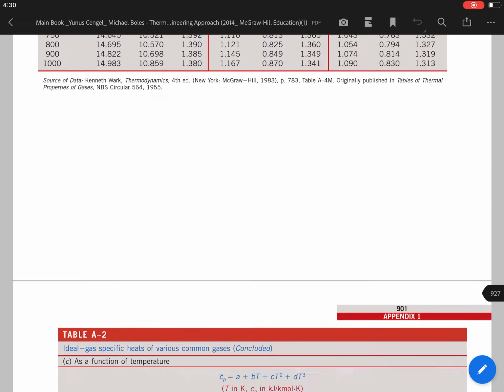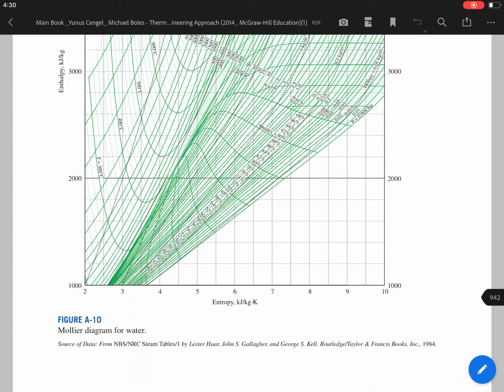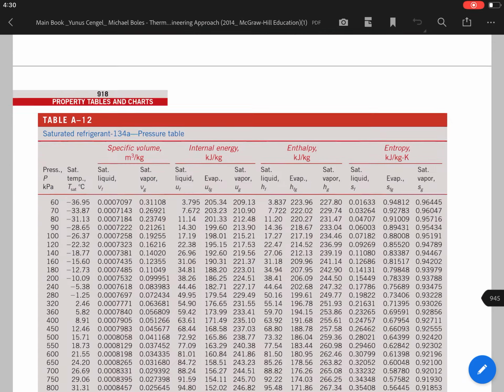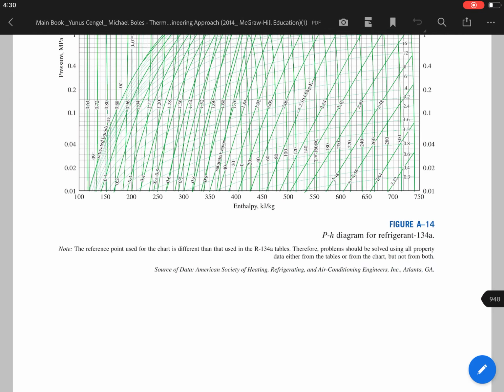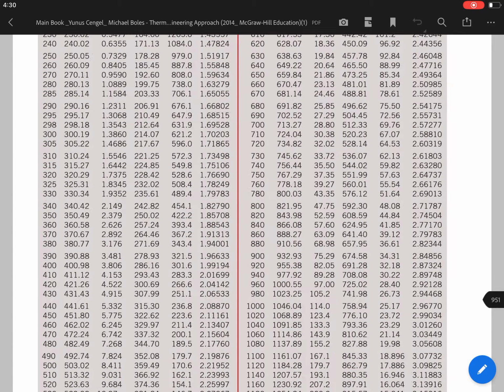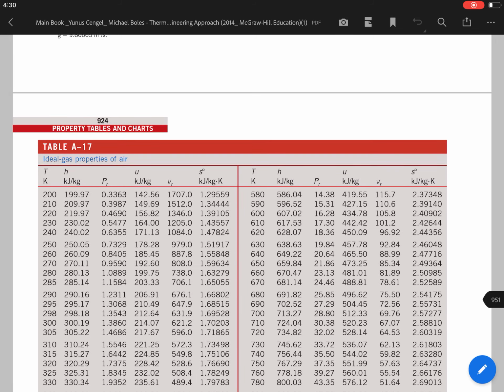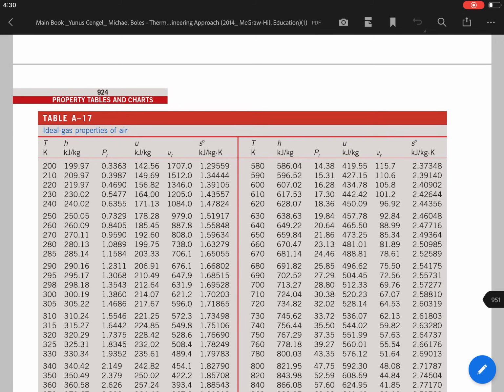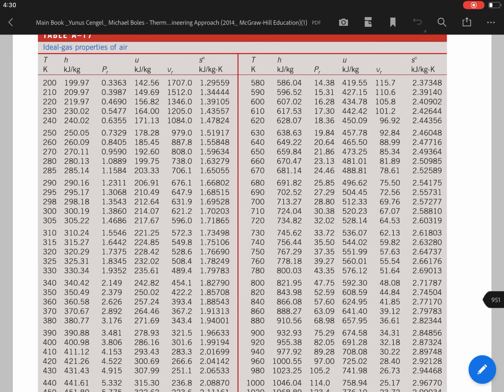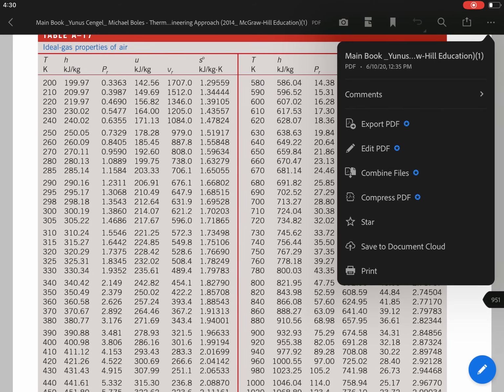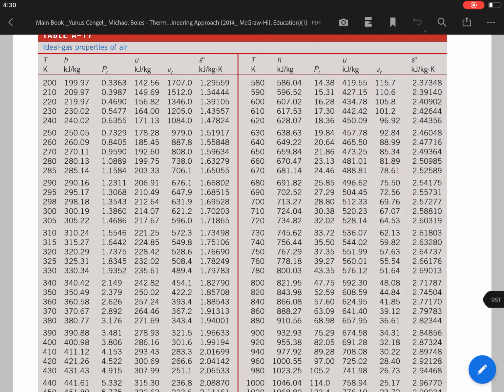If we go to the appendix, all the way to table A17, here is table A17, right?